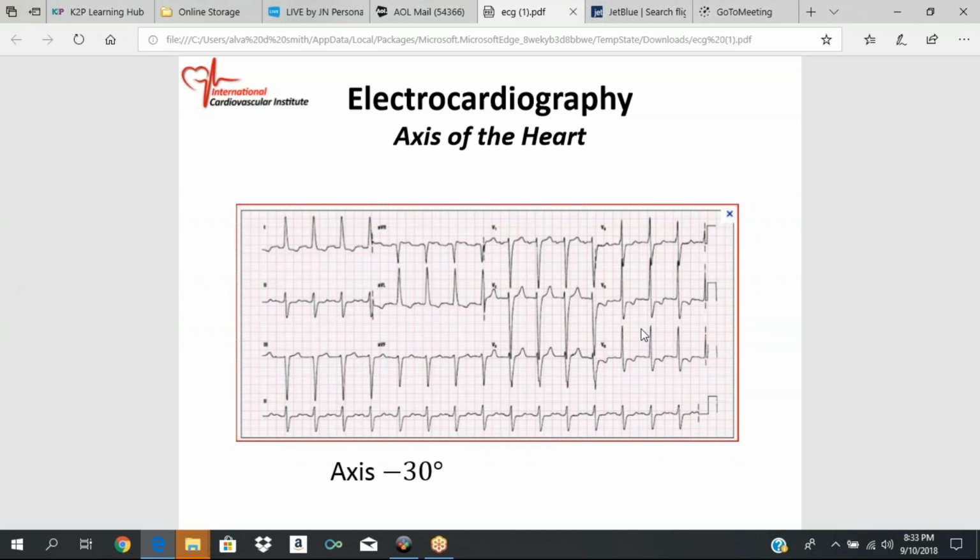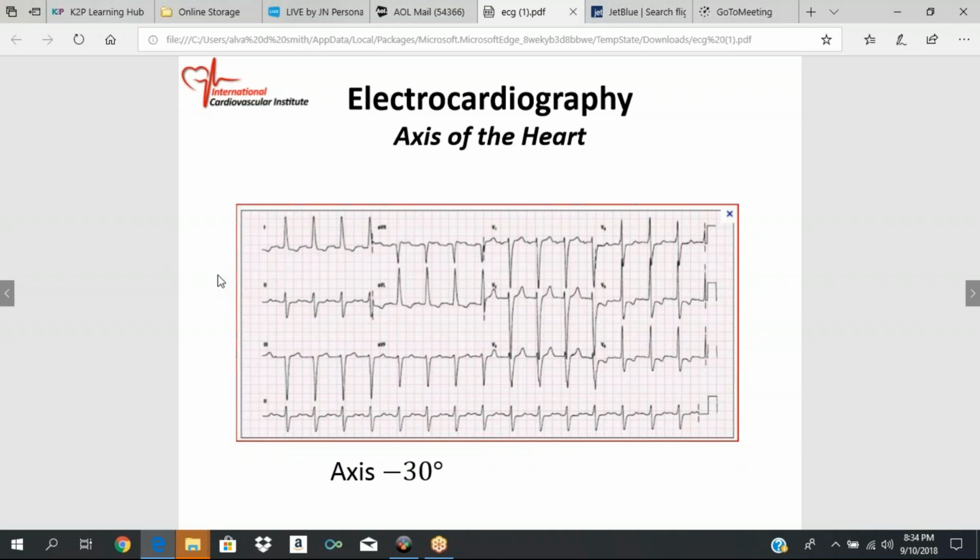We also discussed how you determine the heart rate. So the first thing when someone gets an EKG and you're going to read it, you should look at the rhythm. Is it sinus rhythm or some other rhythm?